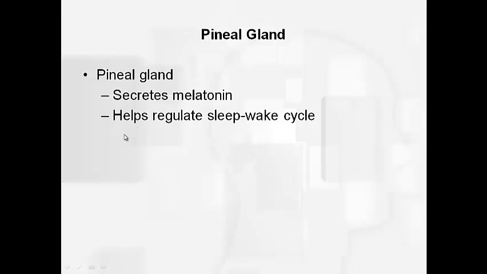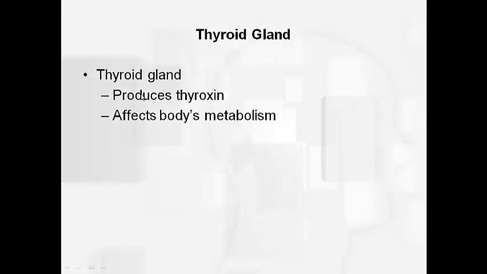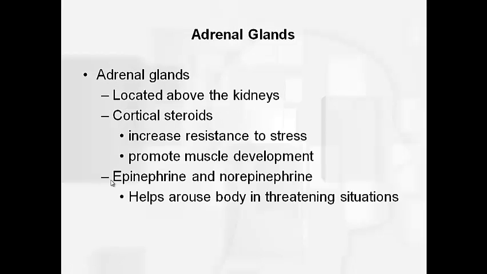As you know, melatonin helps regulate the sleep-wake cycle, whenever melatonin is released, due to the fact that our eyes pick up that there is no light out there. So whenever there is darkness in our environment, the pineal gland releases melatonin, which makes us feel tired, and we are more likely to fall asleep. Thyroid is involved in body metabolism, the level at which we are processing food.